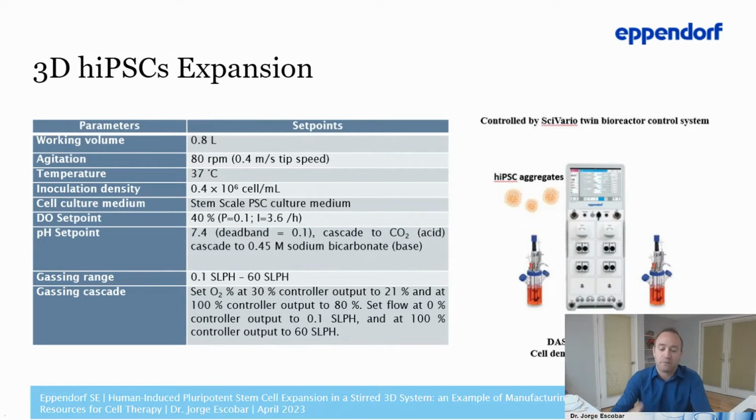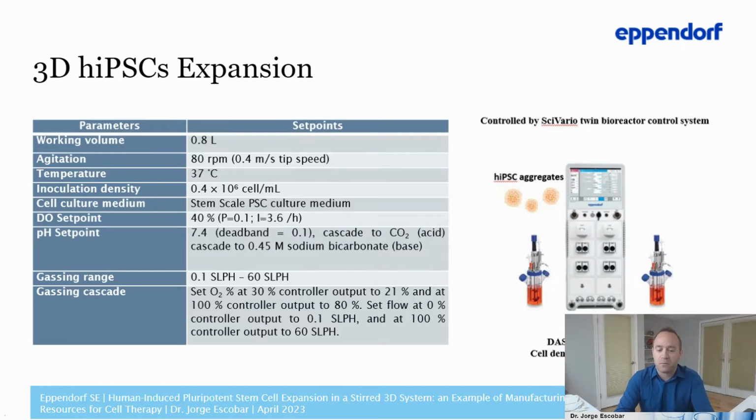But of course, first we have to dissociate the cell pellet, and in order to do that, we use a gentle cell dissociation reagent from STEMCELL Technologies. We add that for 5 minutes at 37 degrees Celsius and gently pipette up and down, and we were able to dissociate the pellet and get the single cells.